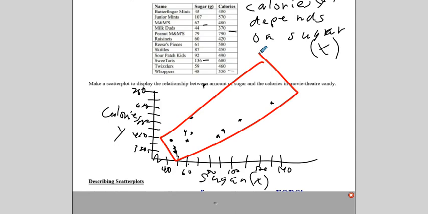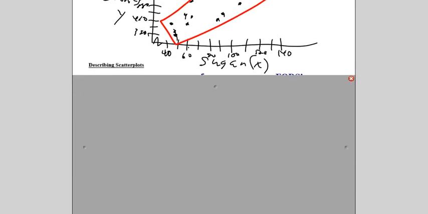Now, what do we have out here? A point that doesn't really fit with the rest of them. An outlier. Very good. But you don't let that affect your analysis of the data. You don't say that it's not in there because of that one piece. So, moving on.